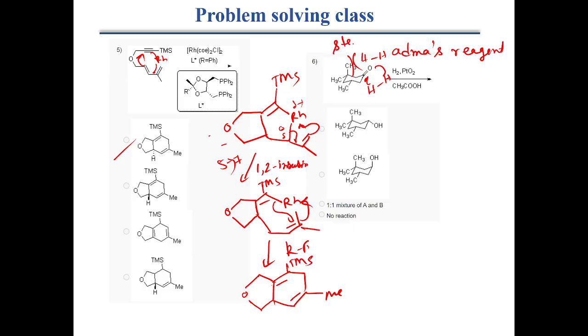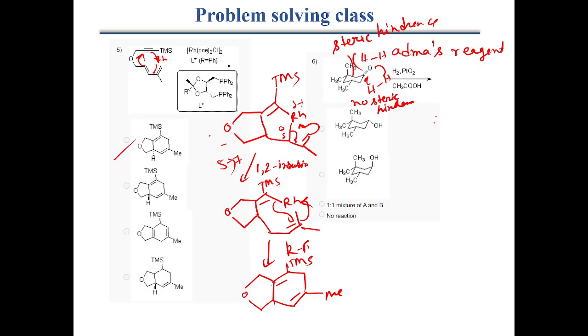This is steric hindrance. There is no steric hindrance. So that's why it comes from the equatorial orientation. If it comes from the equatorial orientation, then the alcohol goes axial.